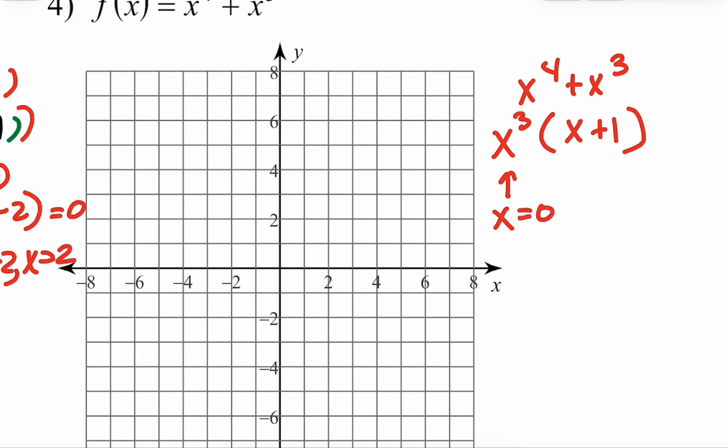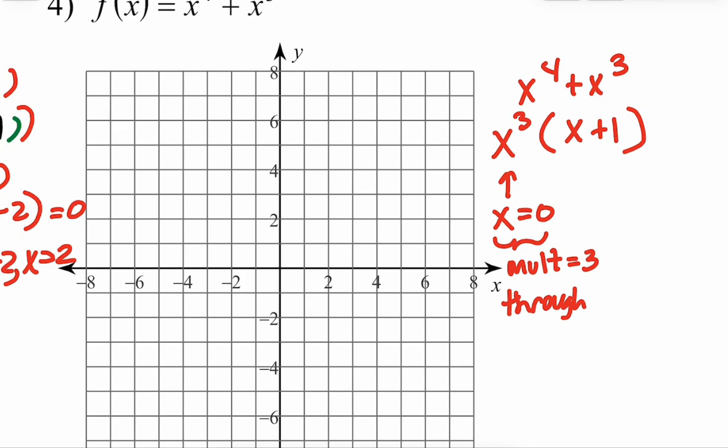X equals 0. Has a multiplicity, but it's odd. The multiplicity is a 3. So it doesn't do anything. It's still a through. A multiplicity only bounces if it's an even multiplicity. So 2, 4, 6, 8, or 10 as a power is okay, but 1, 3, 5, 7 doesn't do anything.